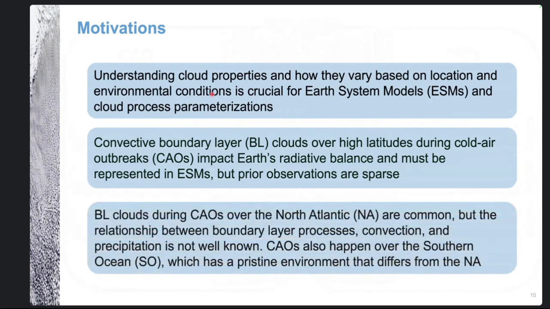Boundary layer clouds during CAOs over the North Atlantic are very common, but the relationship between the boundary layer processes, the convection, and the precipitation with these clouds is not well known. And CAOs can also happen in the Southern Ocean because Antarctica also has a large area of sea ice.